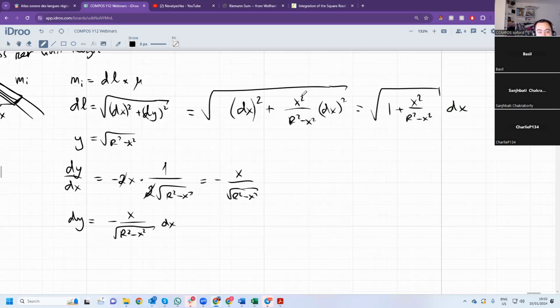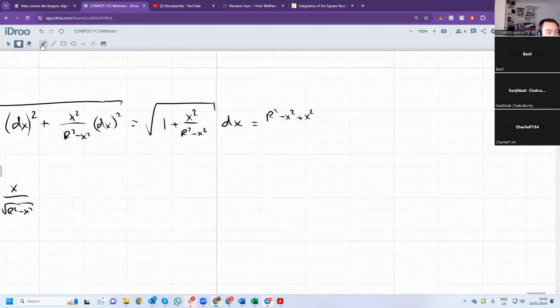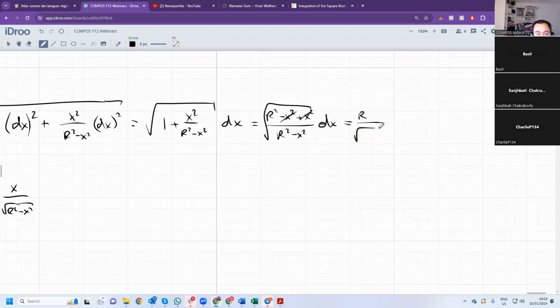I find the common denominator: r squared minus x squared plus x squared, divided by r squared minus x squared, dx. The x squared cancels, and the square root of r squared becomes r, so dl is r over the square root of r squared minus x squared, dx. Okay.